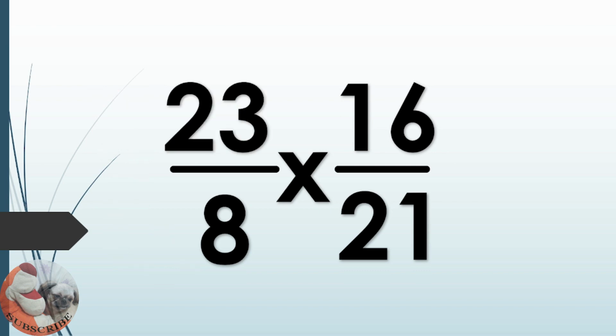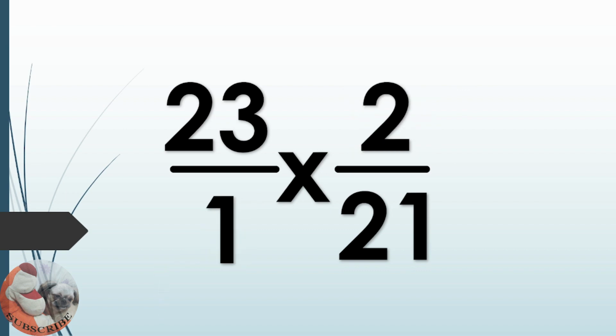You can use cancellation method in this example. 16 and 8 are both divisible by 8. So divide 16 by 8, it is equal to 2. Then 8 divided by 8 is equal to 1. So it will become 23/1 times 2/21.